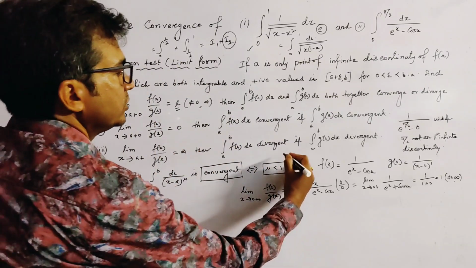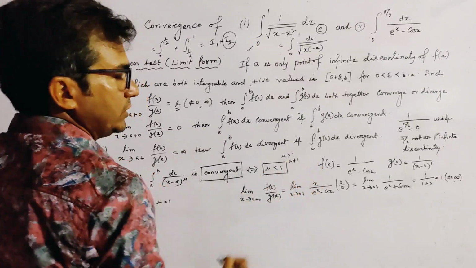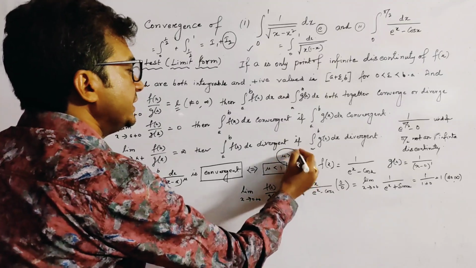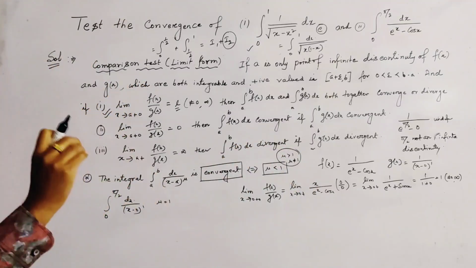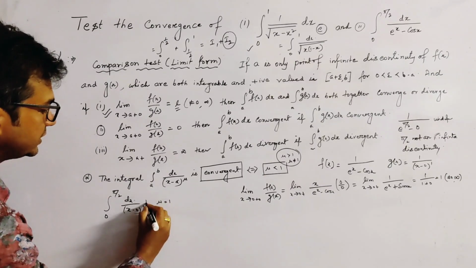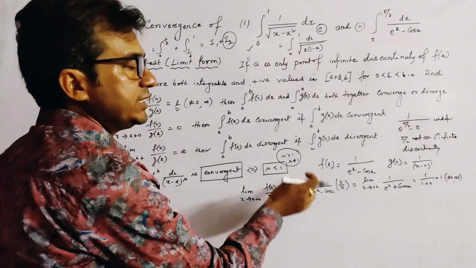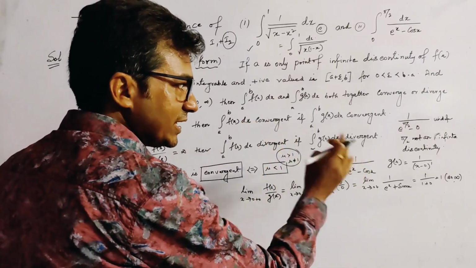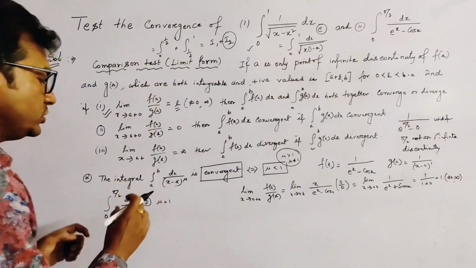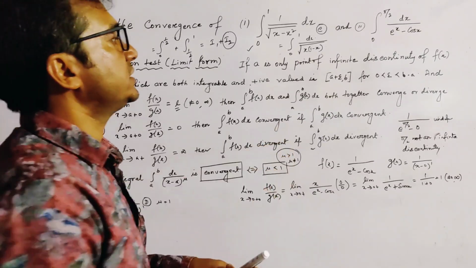That is, if mu is greater than 1 or mu equal to 1, then this integral must be divergent. So we say that this is a divergent integral, and from the comparison test both the integrals together converge or together diverge.